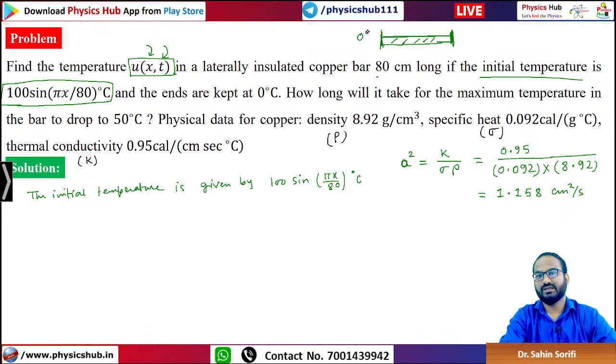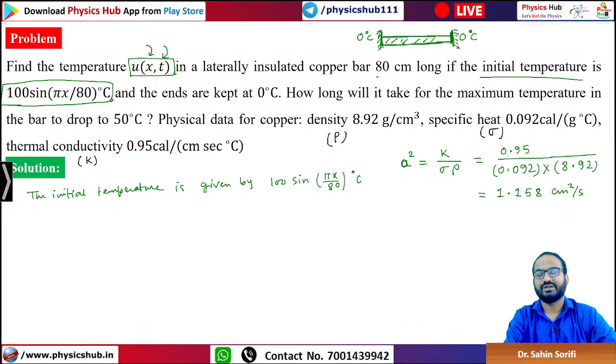It means that it is being cooled at the ends. Before heat transfer, the initial temperature was given by this, so the temperature is not constant throughout the bar.